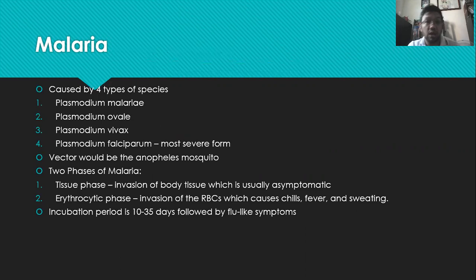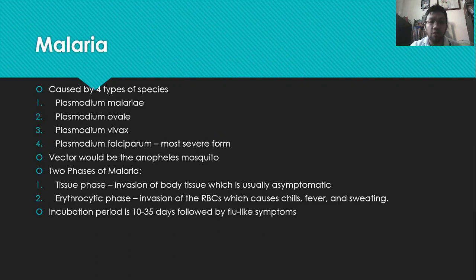And unfortunately, the common type of species for malaria here in the Philippines is Plasmodium falciparum. And take note, malarial infections are common in areas that are mountainous. So you cannot find that here in our province. Other provinces, they are common. And the vector for this disease is the Anopheles mosquito.